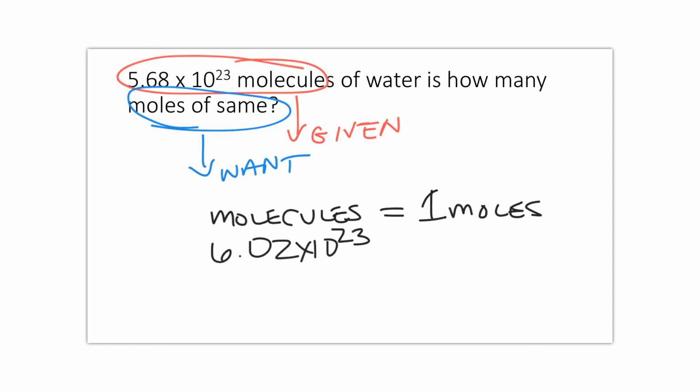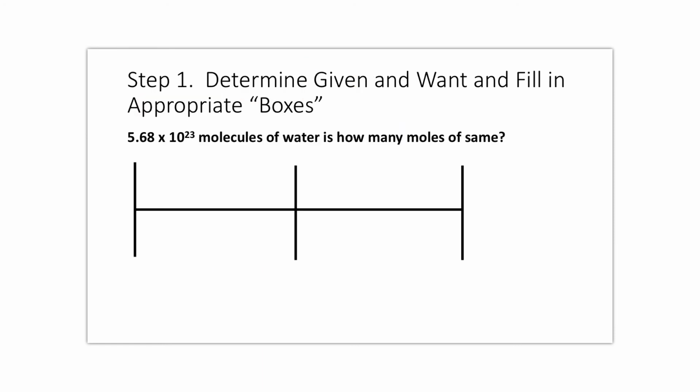So now we have all the information we need to solve the problem. All right, so our given goes here, 5.68 times 10 to the 23rd, and that's molecules. And then we put molecules here.